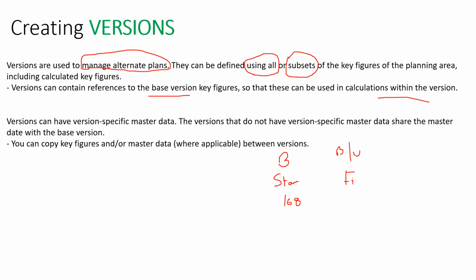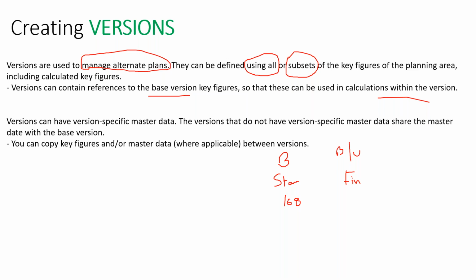If you write a calculation for it, that is, final is equal to standard capacity plus x plus y plus z, the system will do the summation of standard plus x plus y plus z and result the values. Inside this, x could be a base version key figure, but y could be a version specific key figure, and z could be a version specific key figure.